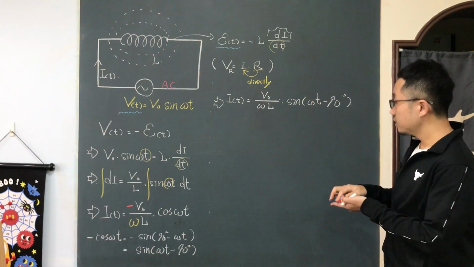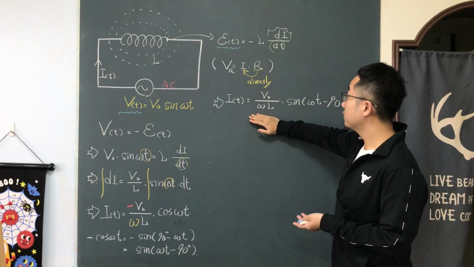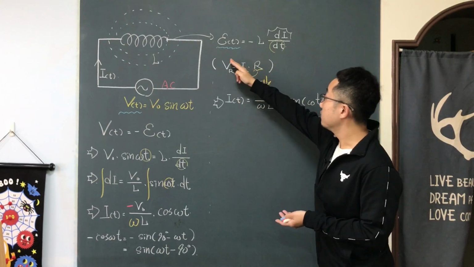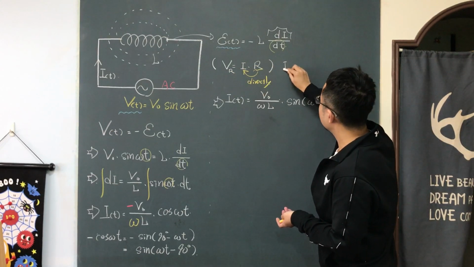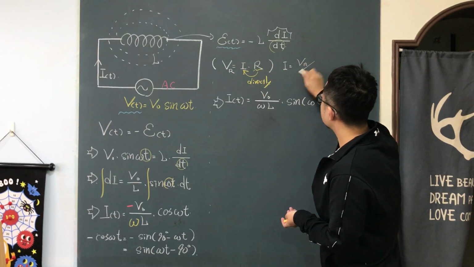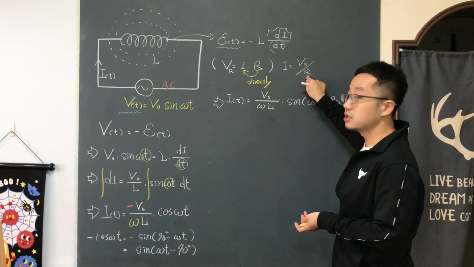Here, does it look familiar? Because I is equal to V over R, right? For the case of a resistor, I is equal to V divided by the resistor.